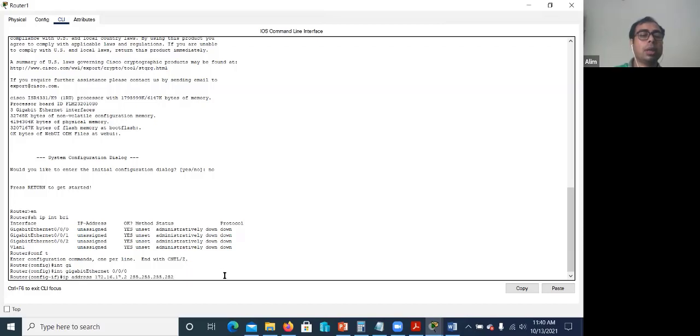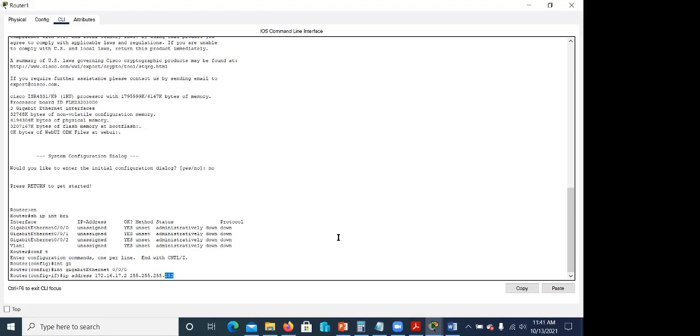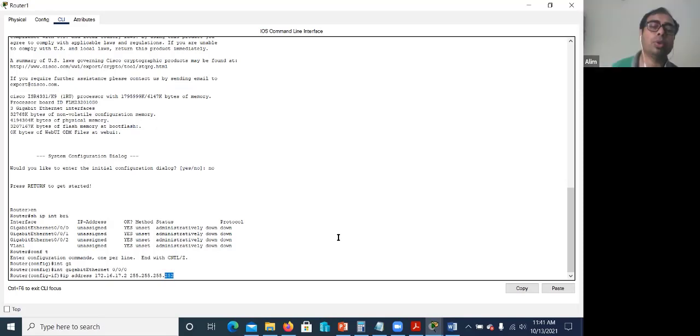Here we are assigning 172.16.17.2. The subnet mask is /30. Why 30? It is a point-to-point connection. Just use /30 in the point-to-point case, because it will reduce IP address wastage.